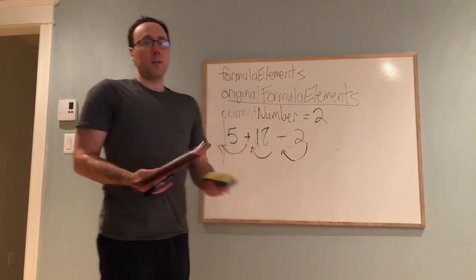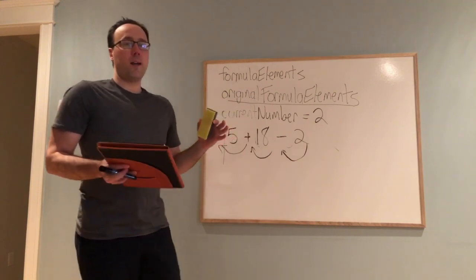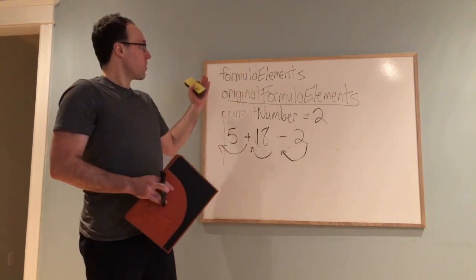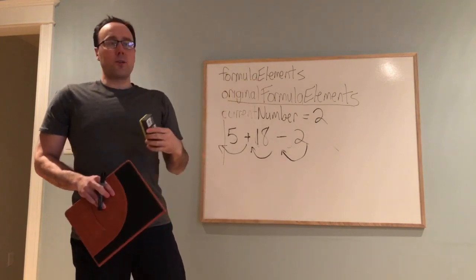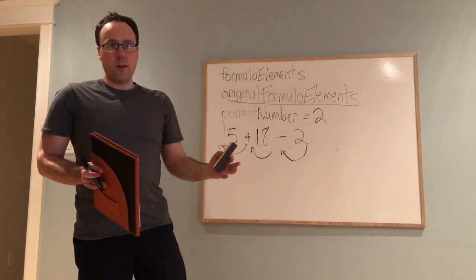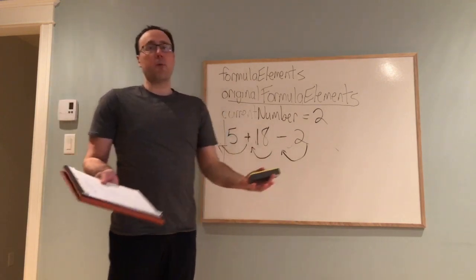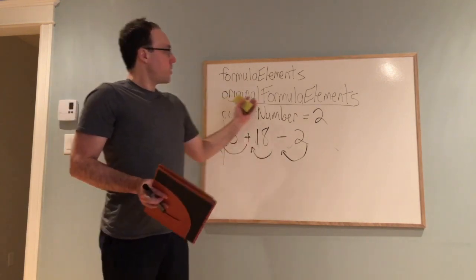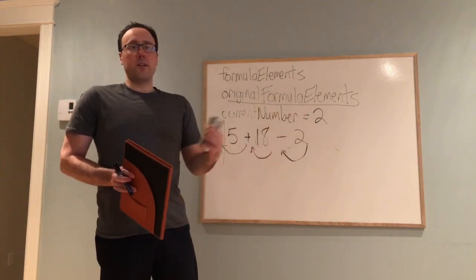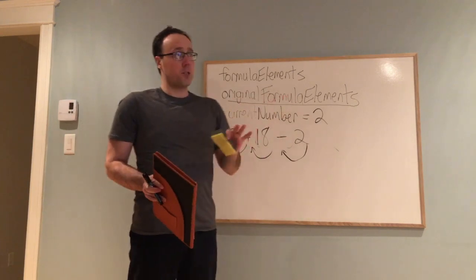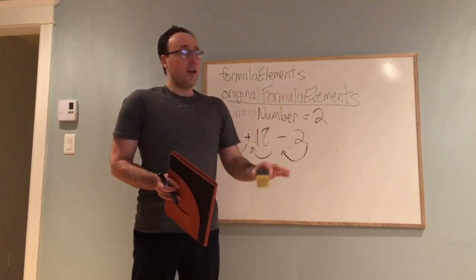Okay, so just to quickly review, we've added in our global variables. Formula elements is going to contain an array of strings, which contains addition and subtraction operations. The original formula elements will contain the addition and subtraction as well as multiplication and division. So original is pretty much what the user enters.